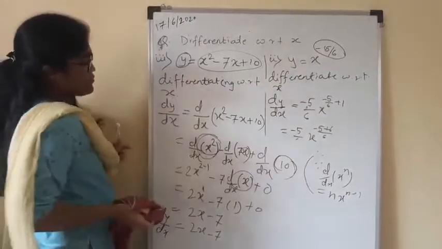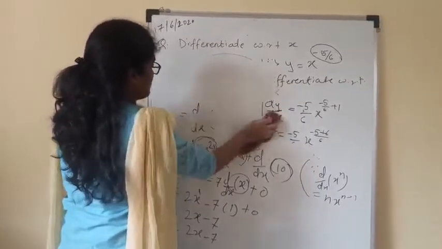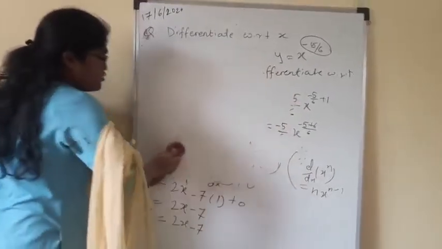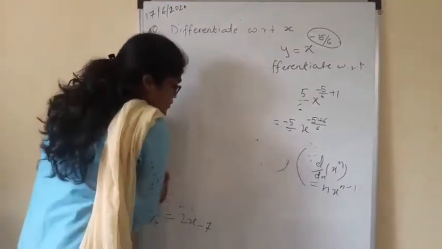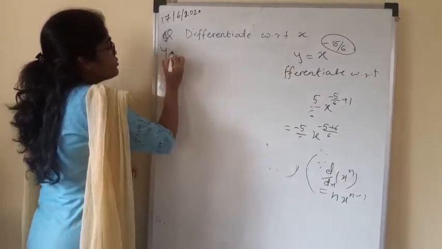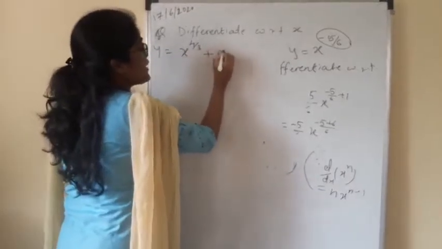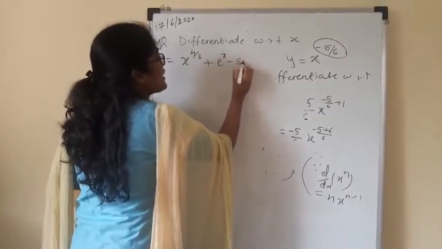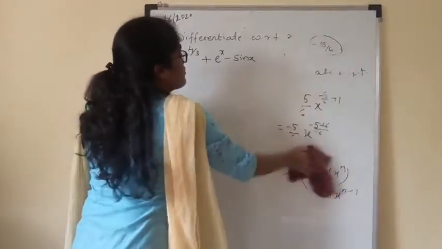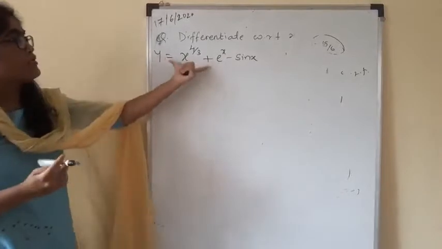We will take now the next, fourth example. y is equal to x raised to 4 upon 3 plus e raised to x minus sin x. So now this is the given problem.